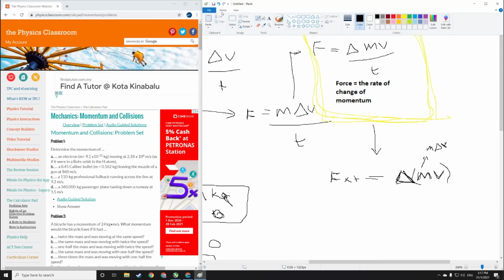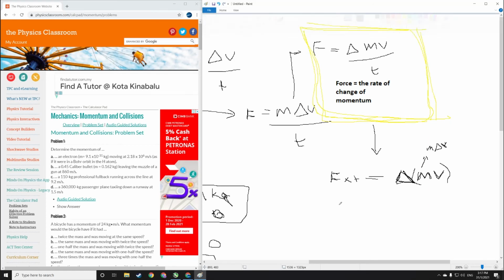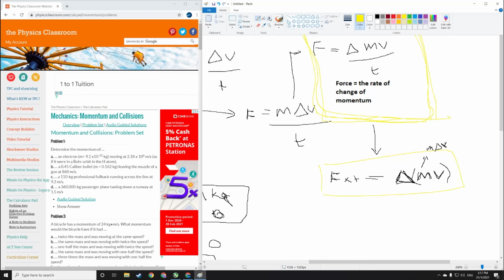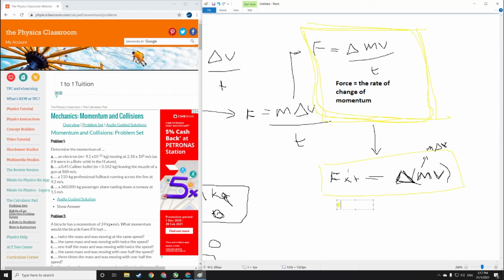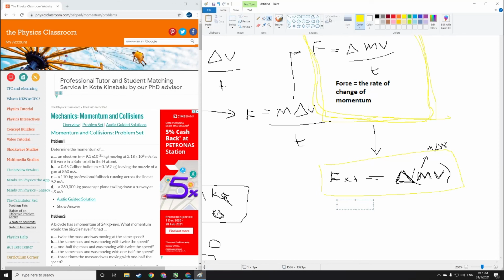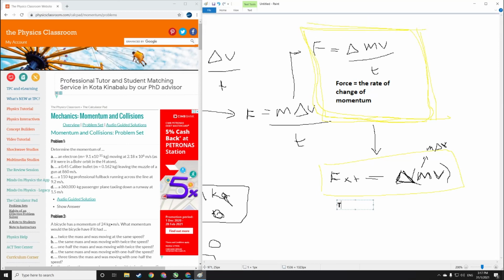And this is also a new equation, which we can call the impulse. So the change of momentum, the total change in momentum is defined as the impulse.